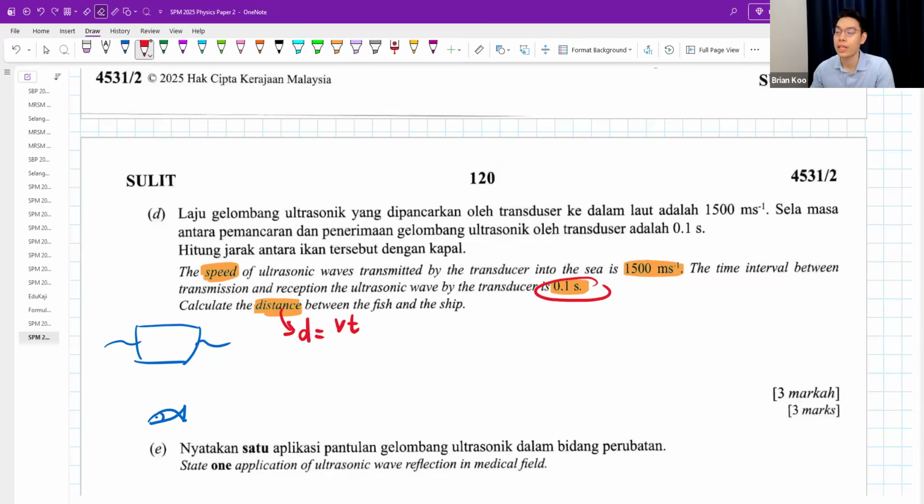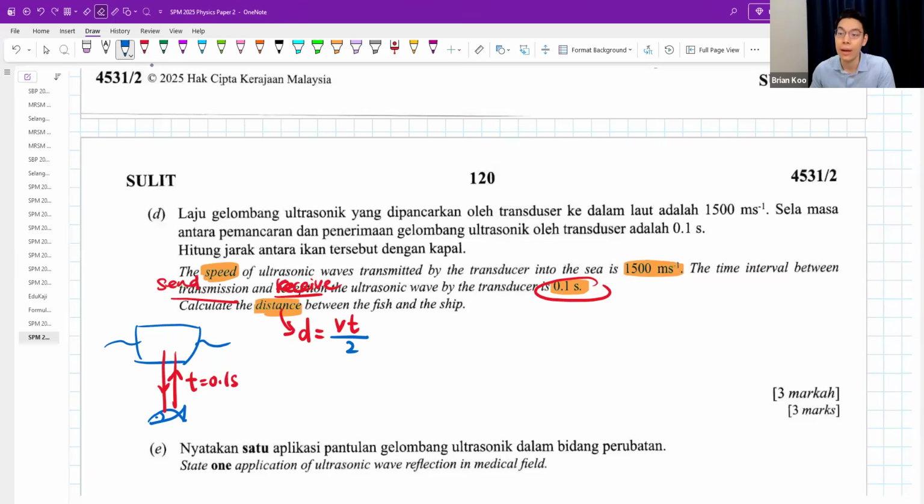you will notice they always give you the time between transmission and reception. Transmission meaning the time when you send, and reception is when you receive. So you're going to send some wave, and then you're going to receive back this wave. They say the total time to go to the fish and come back is 0.1 second. So normally for reflection, they will give the total time to go and come back. That's why it's not just speed times time.